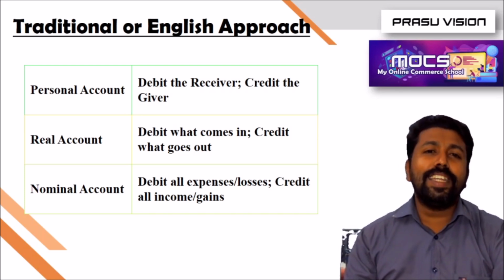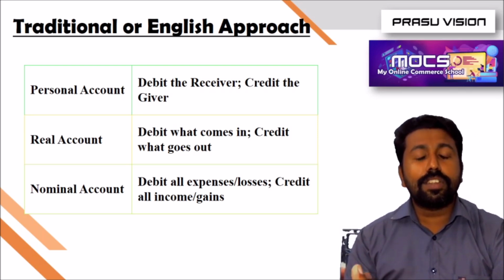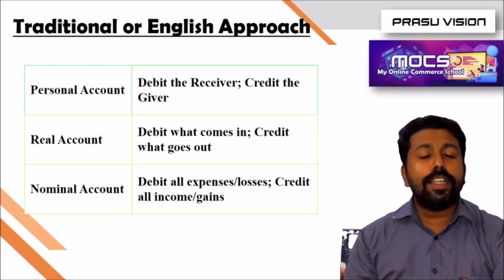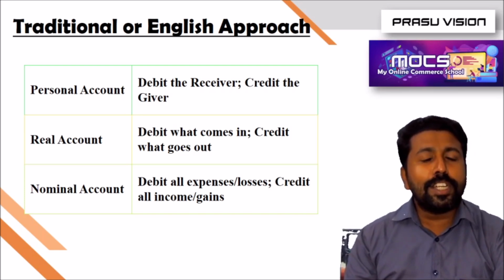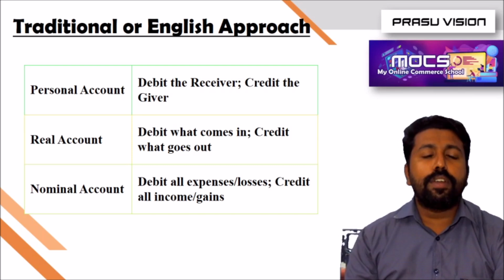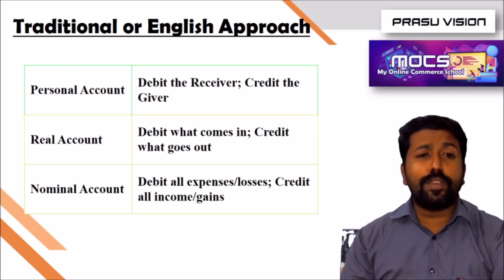Credit all incomes and gains. We have to show the income received, commission received, interest received, especially all these items, on the credit side of the account. That means it increases. So remember, this is the very important golden rule. Still we are following it in our business organizations for recording business transactions. I hope it is very clear for you.